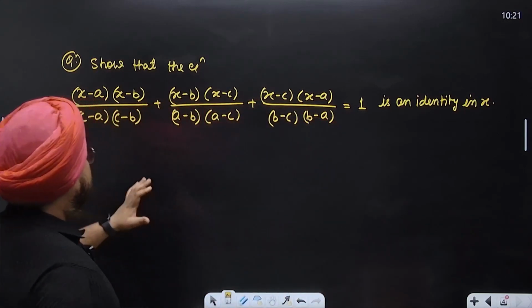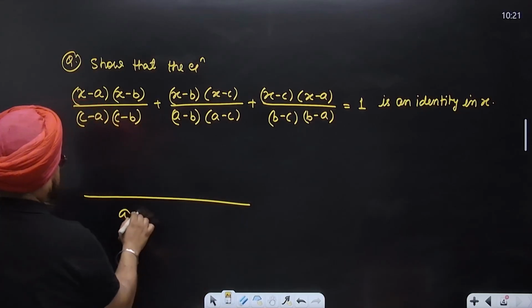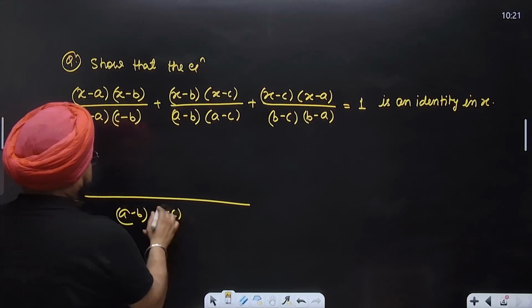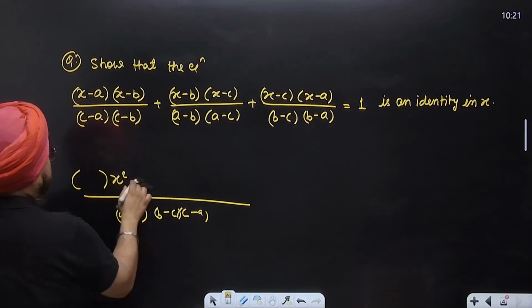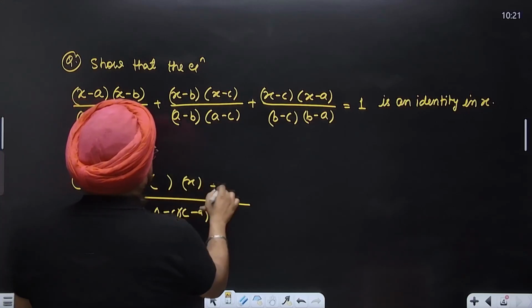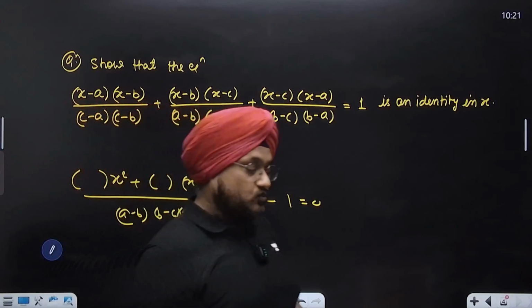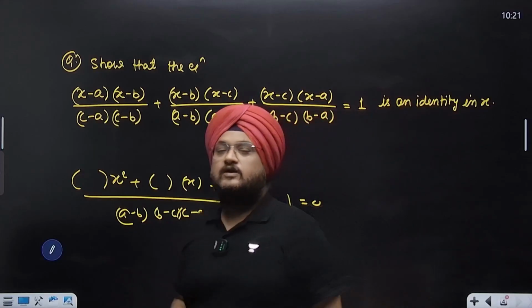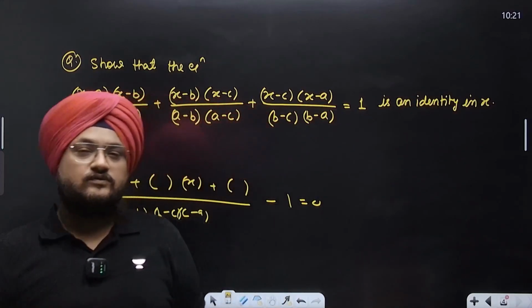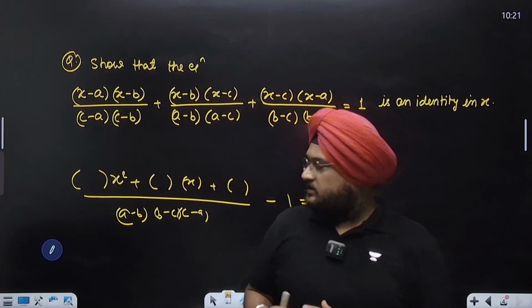So we will have to take the LCM, a minus b, b minus c, c minus a. Then we will collect the terms coefficient of x square, coefficient of x, constant -1. We will simplify this. Coefficient of x square will be 0, coefficient of x will be 0, coefficient constant term will be 0. So we will be able to prove that it is an identity.